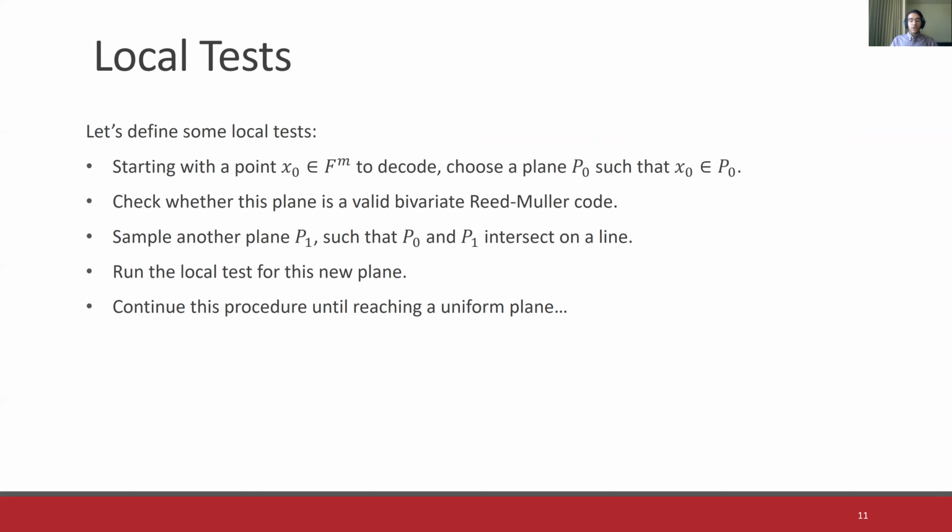And because we know that the given word is close to a codeword, it's the case that a uniform plane in the entire cube is almost non-corrupted. So if we start with the noisy coordinate that we want to decode, we must see in at least one of these planes that something is wrong.